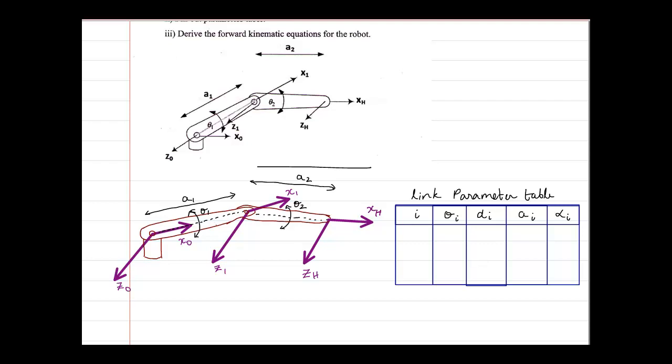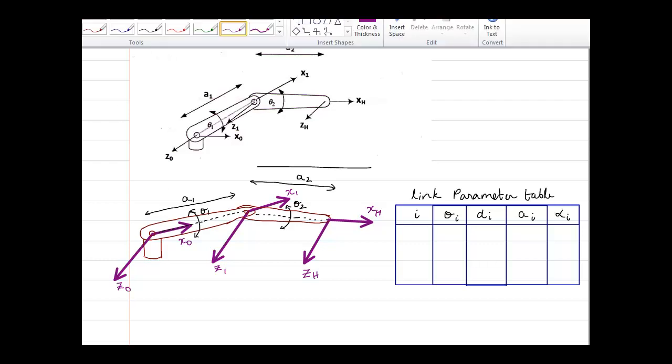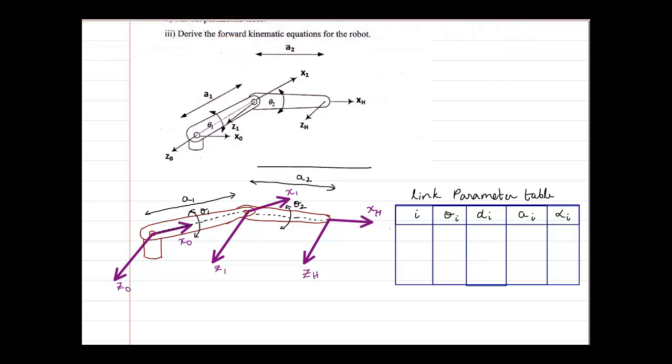Now what is remaining is that we write the link parameter table. For the link parameter table, we are having 3 frames, so we will have 2 rows. So I will have i equal to 1, which is basically going from frame 0 to frame 1. Then the second row will be for going from frame 1 to frame h.